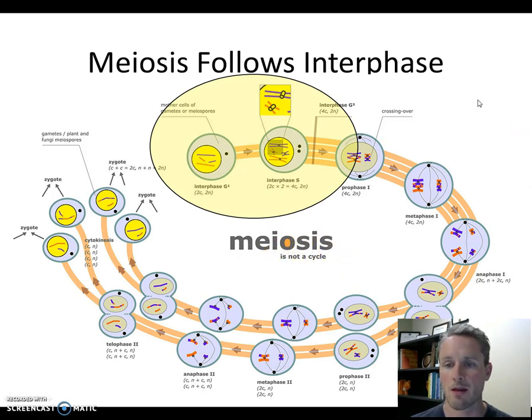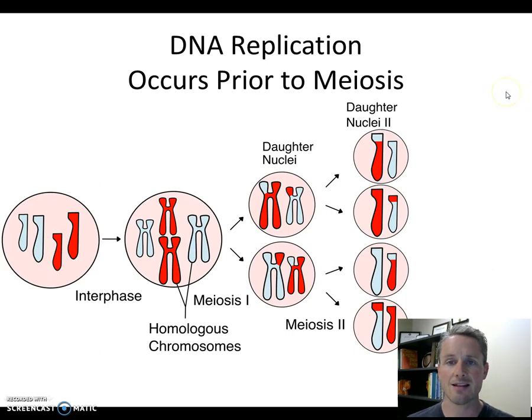All right? Okay, so one other reminder before we talk about these specific steps of meiosis, and that is that DNA replication occurs prior to meiosis. Remember that DNA replication takes place during interphase, when we go from this single chromatid structure of a chromosome to these chromosomes that have 2 sister chromatids attached to one another, and they have this more X-shaped structure. So before DNA replication, we're 1 chromatid.